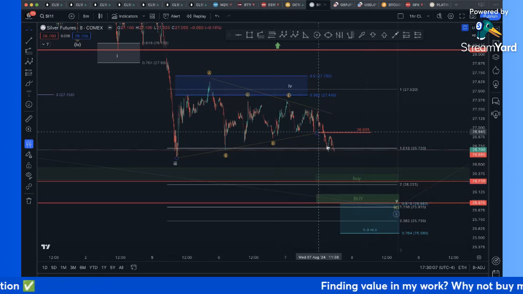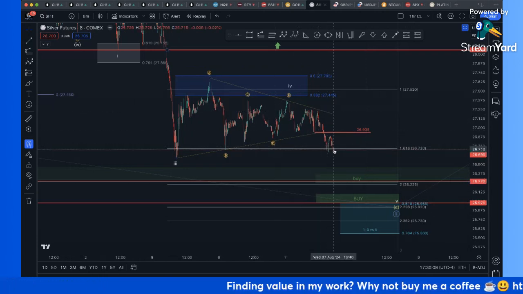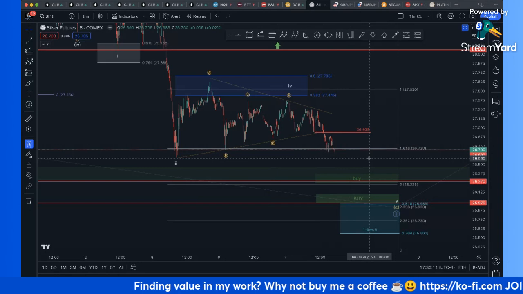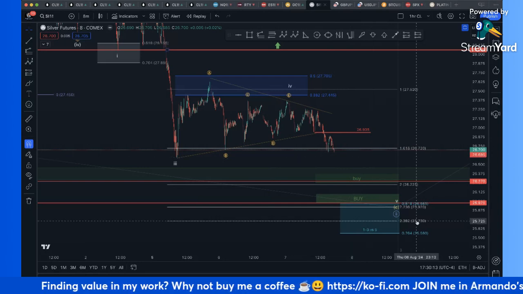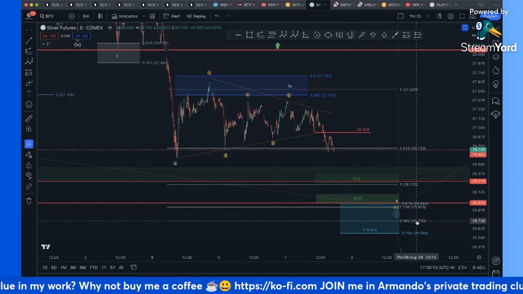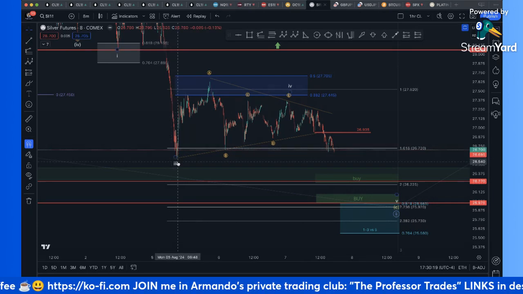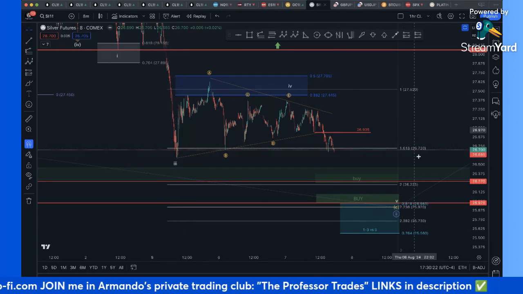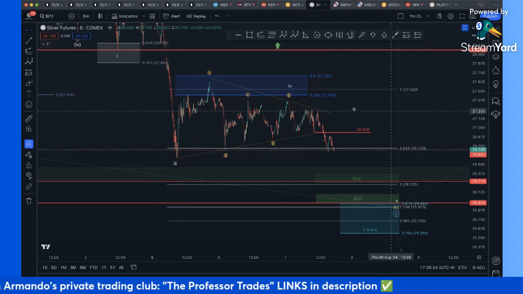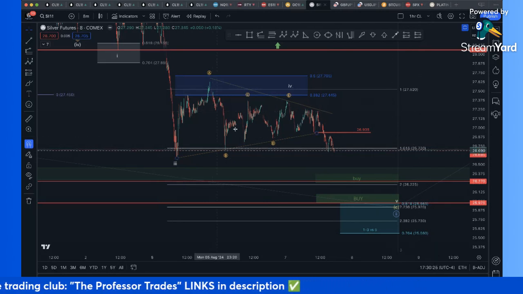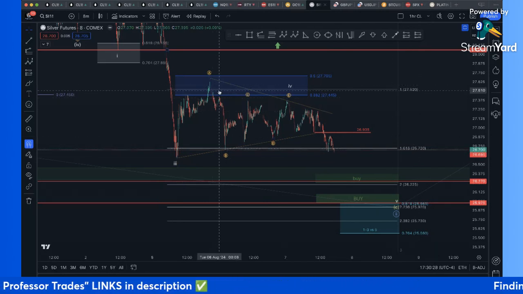We have broken out of the triangle to the downside, and the pressure remains down. So these white fibs here go along with these white labels for the white wave 3 to have just exceeded the 1618.